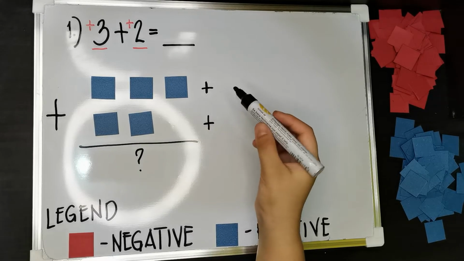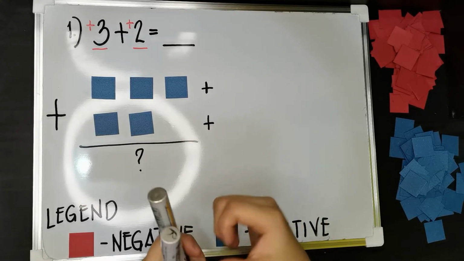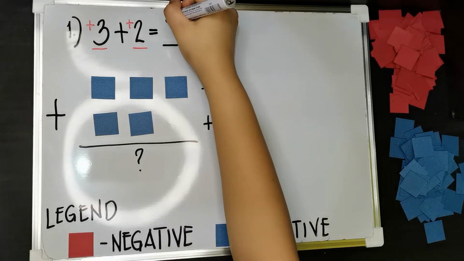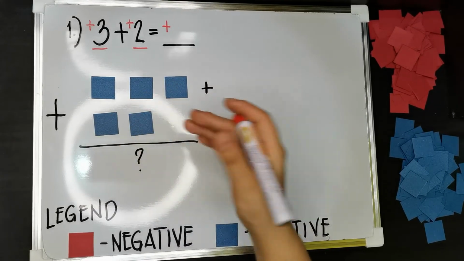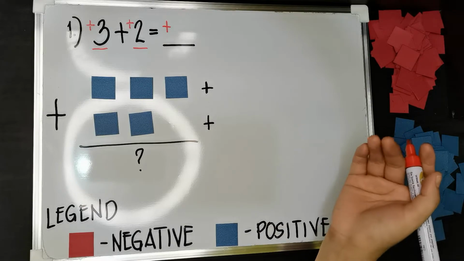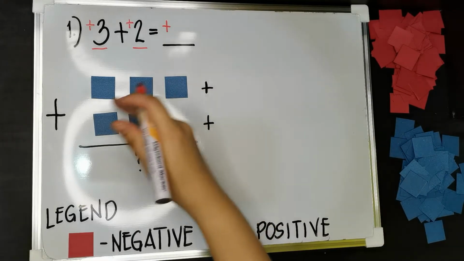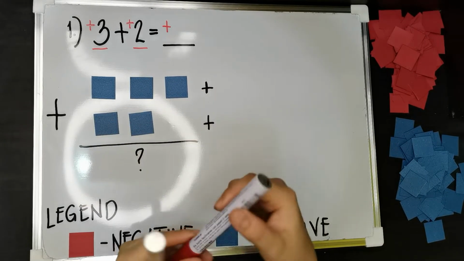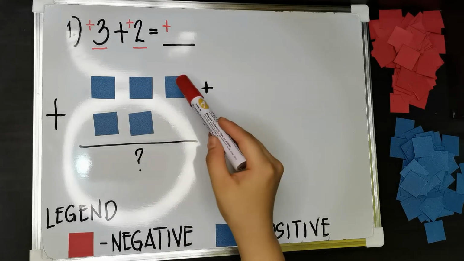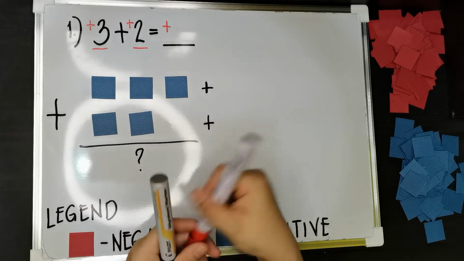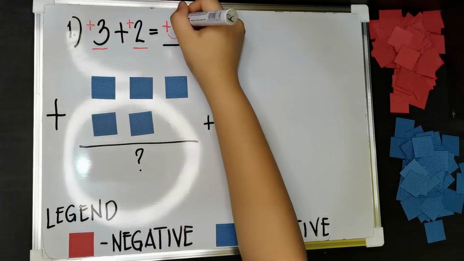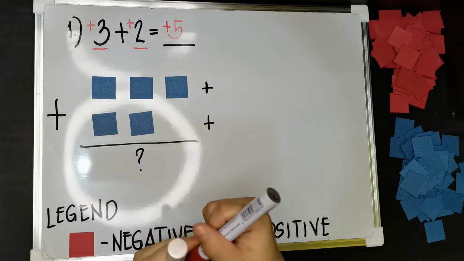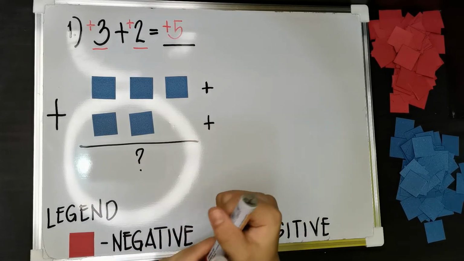So, ang final answer mo ay positive din syempre. Kasi lahat blue eh. Okay? And then, bilangin mo na lang kung ilan yung tiles na yan. Bilangin natin. 1, 2, 3, 4, 5. So, therefore, that is how we add integers for example number 1.